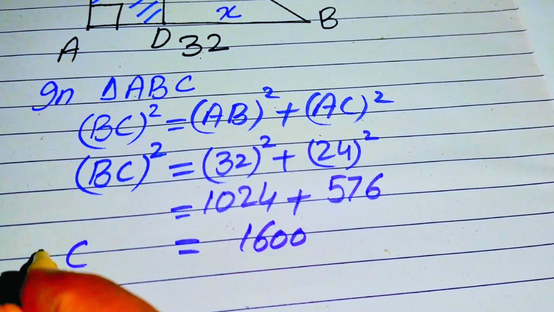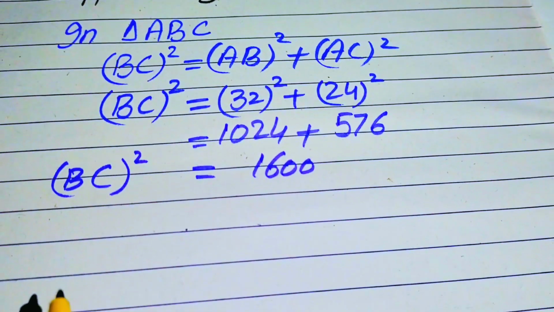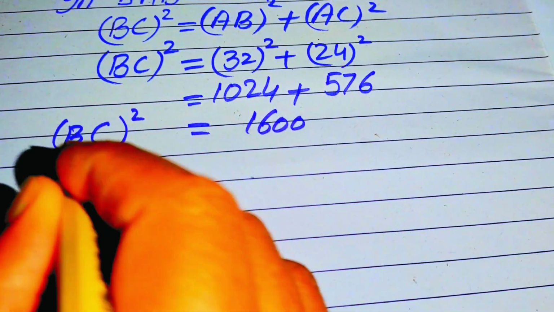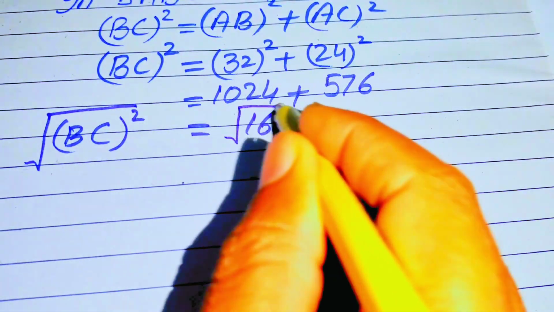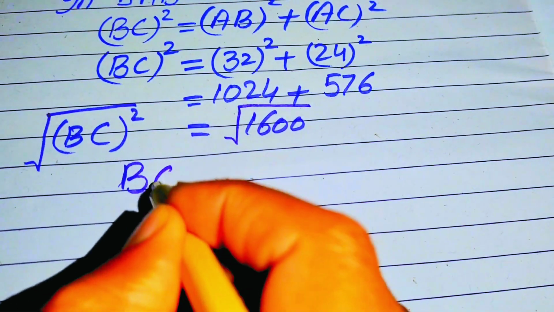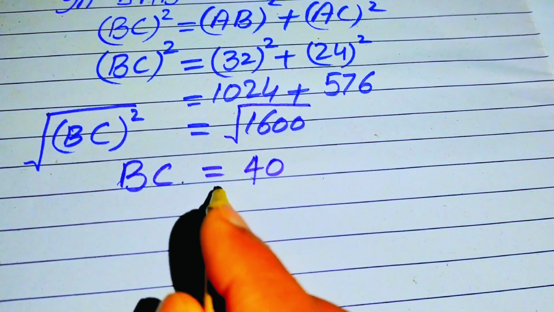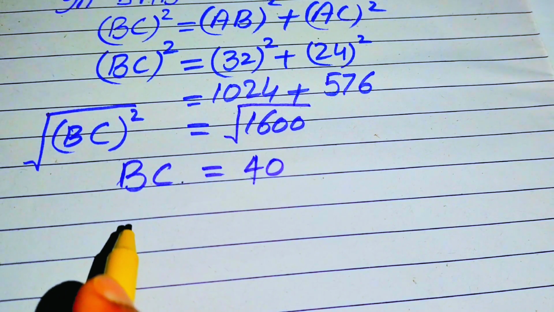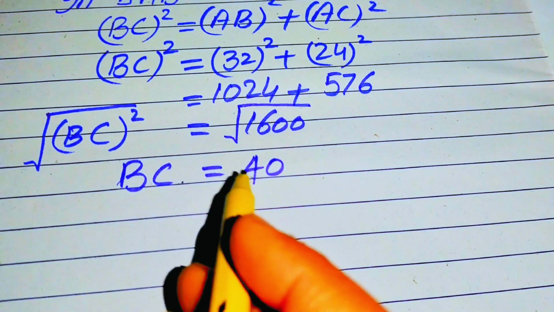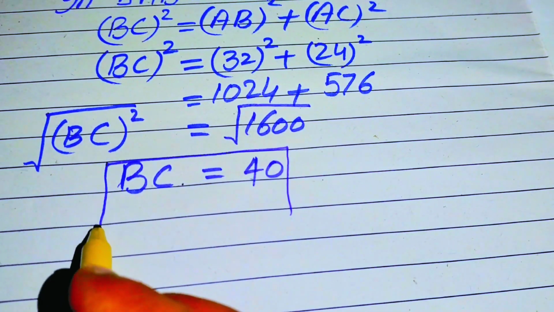So here you obtain BC square equals 1600, and now we take the square root on both sides of this equation, and you get the value of BC equals plus minus 40. But here you know that BC is the side length of the triangle ABC, so it cannot be negative, so we choose only the positive value.